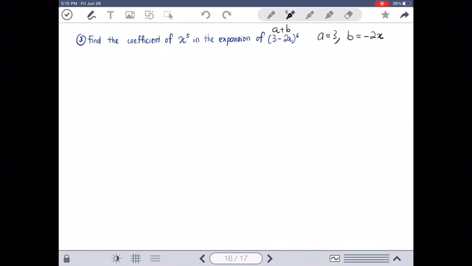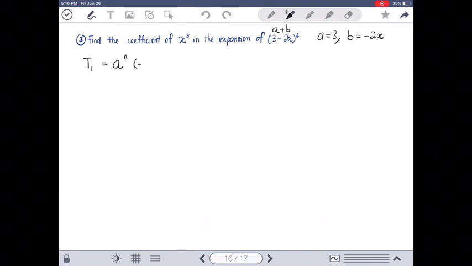So we know that in any expansion, if we have T1, it's going to be A to the power of n, and B is going to be to the power of 0. So if in T1, B is to the power of 0, in T2, B is going to be to the power of 1.